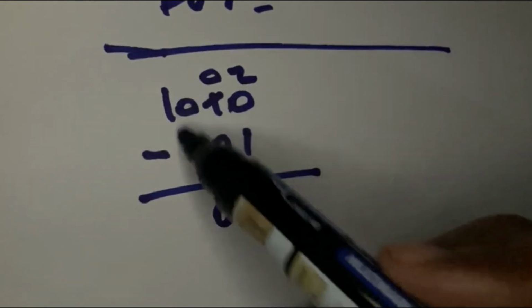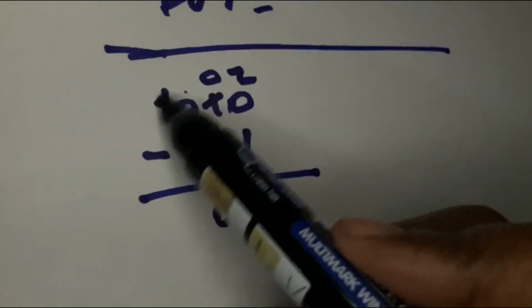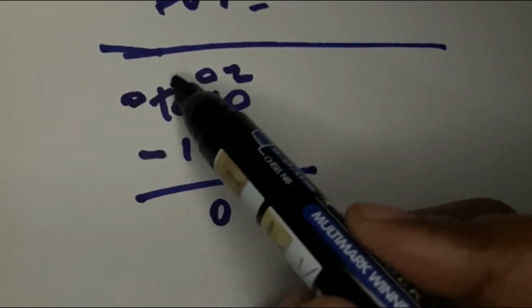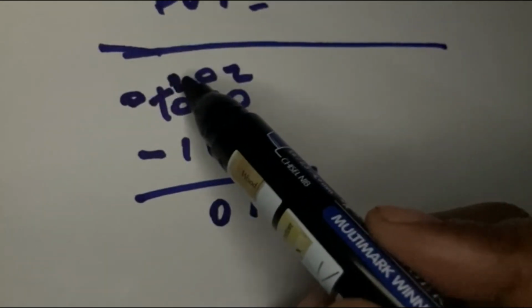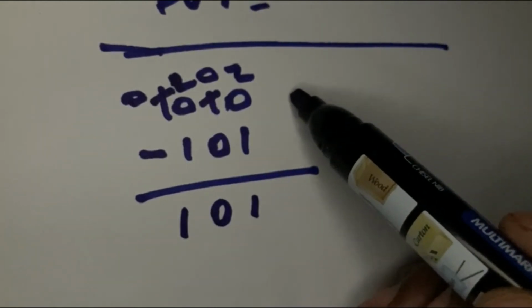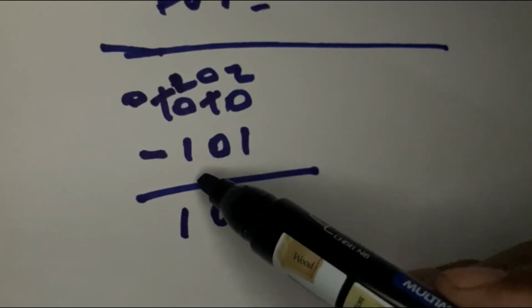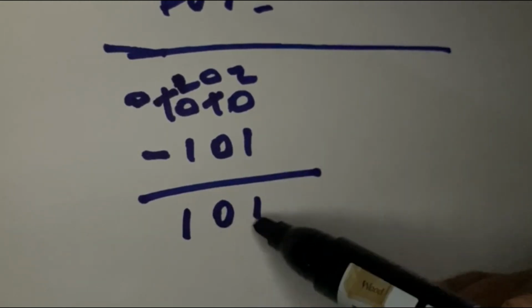Again, this 0 minus 1 cannot subtract, so let's borrow from here. This changes into 0 and this changes into 2. 2 minus 1 is 1. Okay, so the binary digits 1 0 1 0 minus 1 0 1 will be 1 0 1.